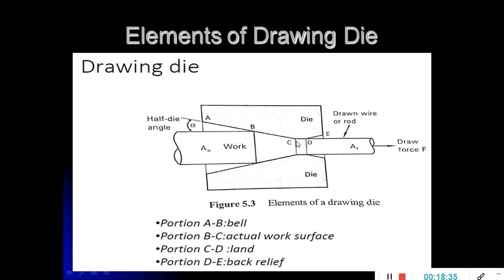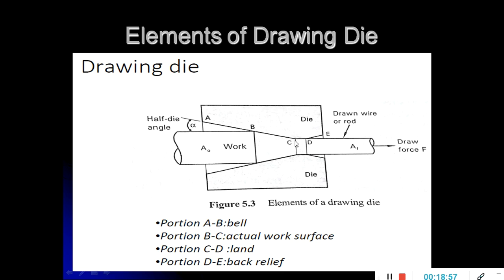Coming to the next portion, known as CD, it is a land. Land is the portion that exists between the actual working portion and the back relief. The land is used to give smoothness to the workpiece.